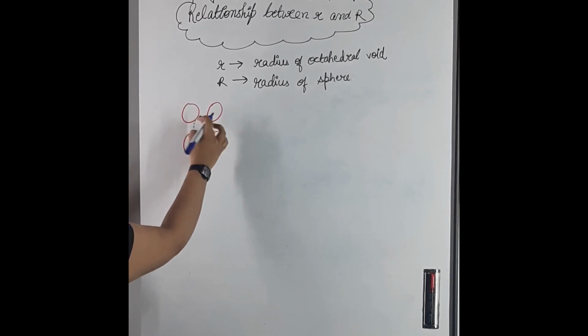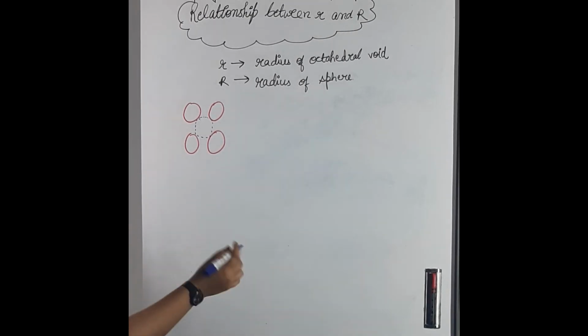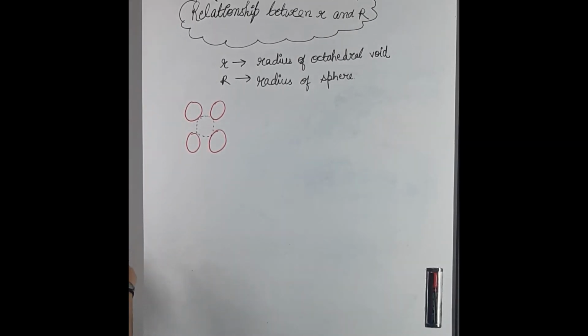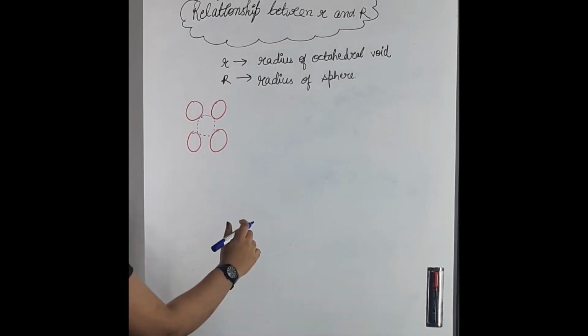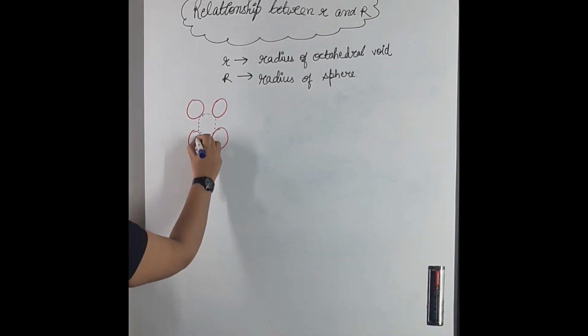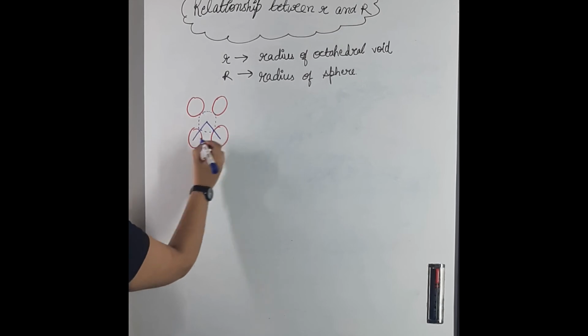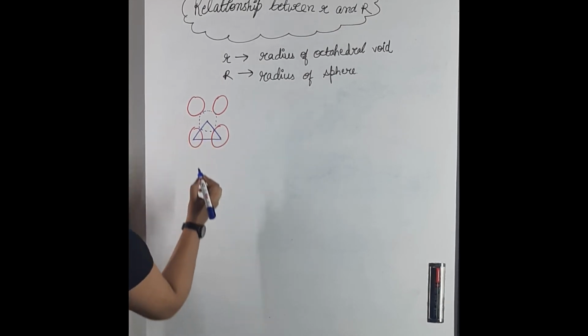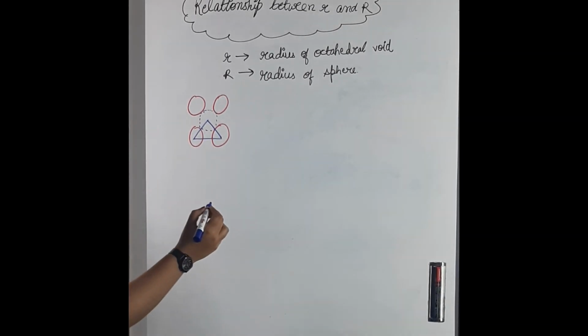What is an octahedral void? We have discussed in our previous lectures. Guys, I will put the link of the previous lectures in the description so that you don't have to search and waste your time. You can pick up the link from the description and watch.